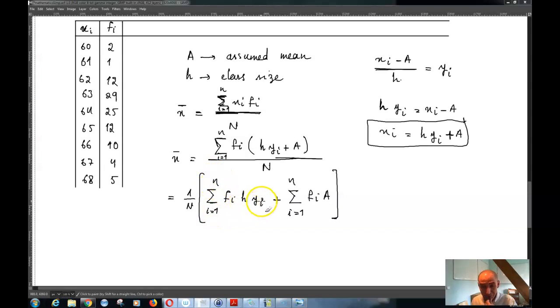Whatever doesn't depend on i, of course you can take out of the sigma, because it doesn't matter.